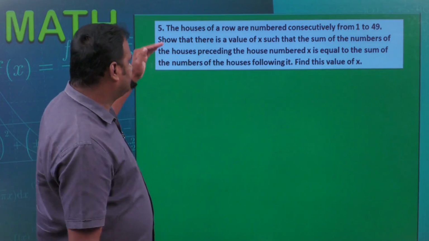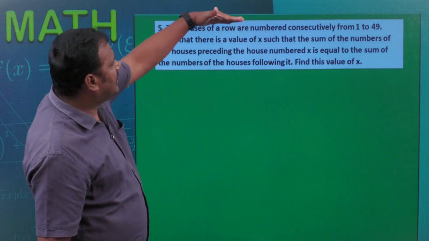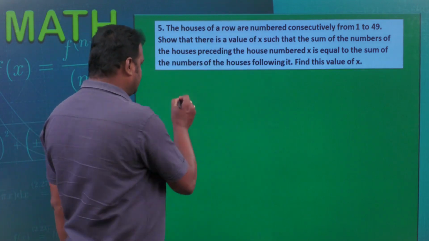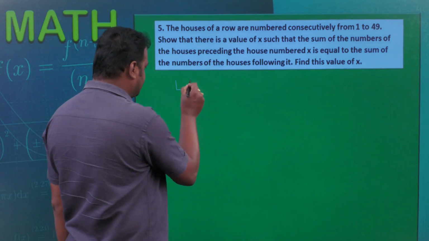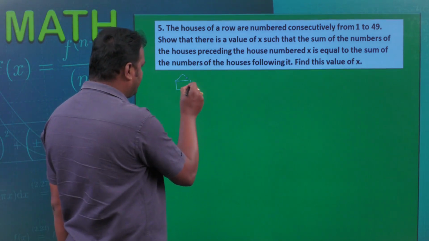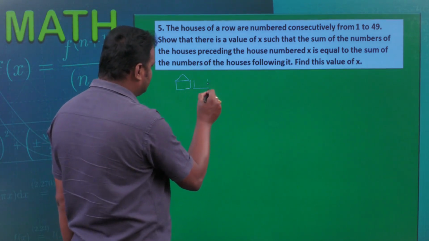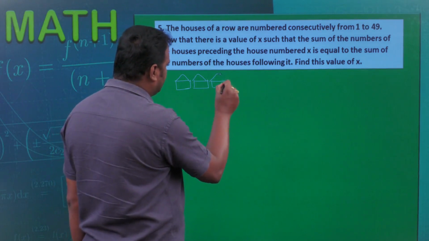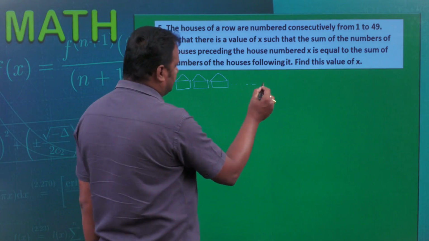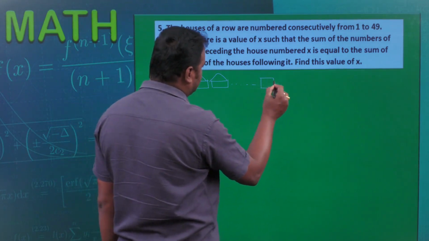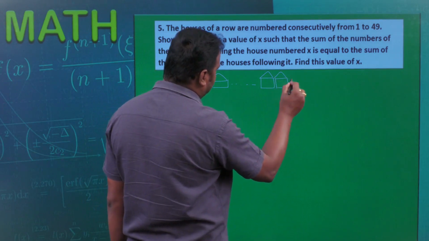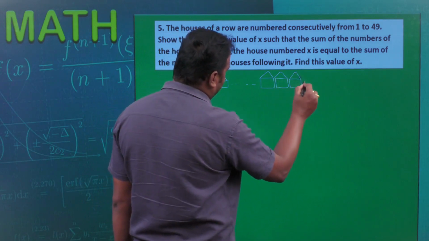Now coming to the problem, the houses of a row are numbered consecutively from 1 to 49. Suppose there are houses like this. This is the first house, and this is the second house, and this is the third house. Like that, there are some more houses. This is the next house, this one is the next house, and so on.